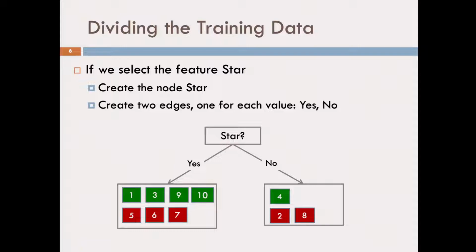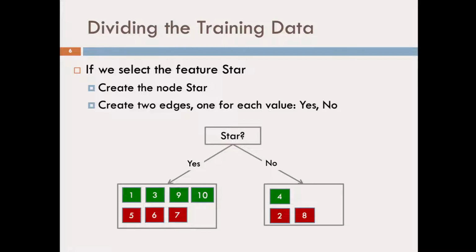And these are the movies that don't have stars. So from the movies that have stars, 4 make success and 3 don't make. From the movies that don't have stars, 1 has success and 2 don't.